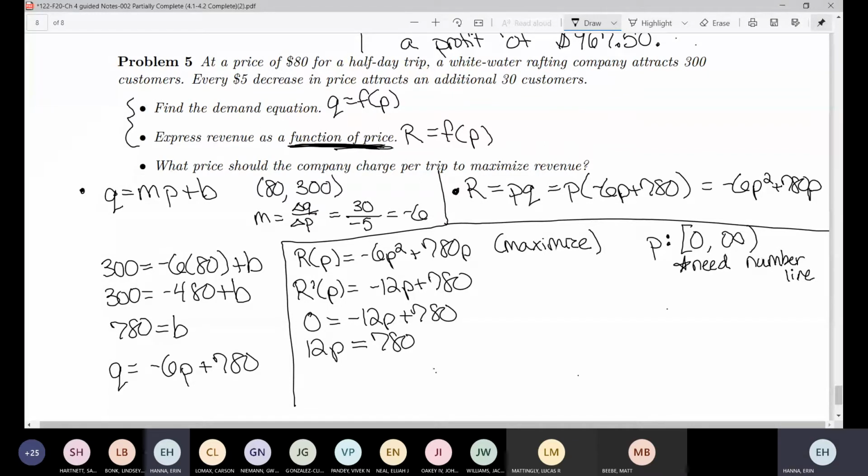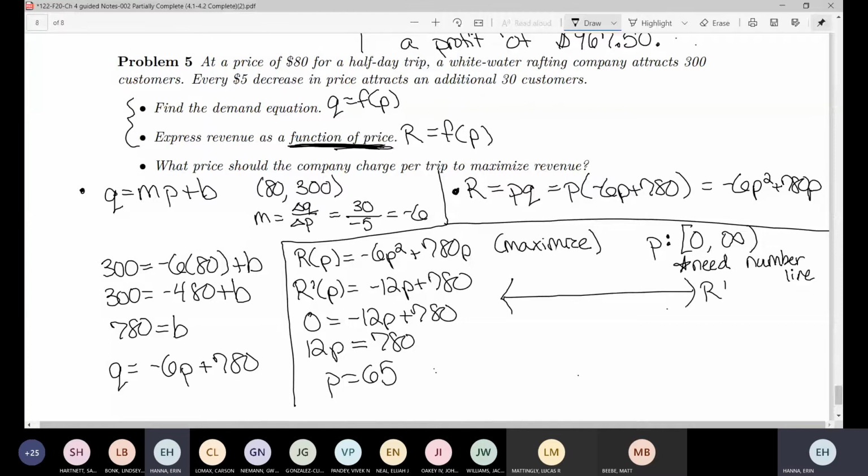Oh wait, it is divisible by 12 because this gives me a nice number. And we'll get p equals 65. This is never undefined. There's no denominators going on, so we don't have any more things we need to consider.